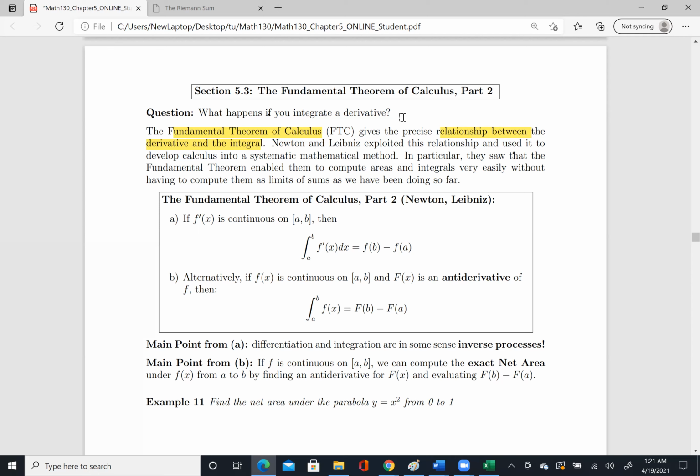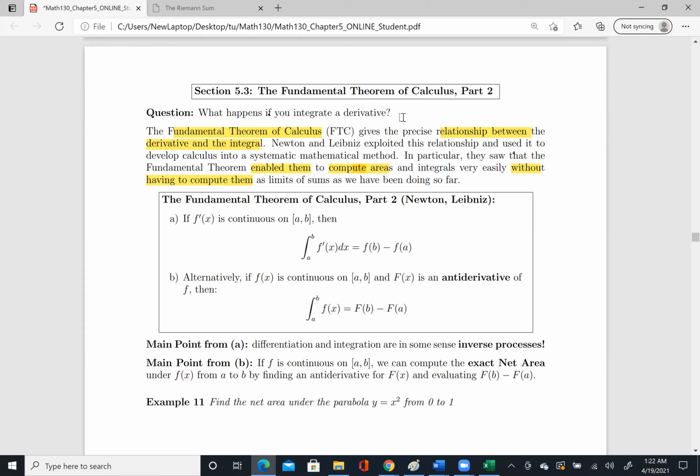In particular, they saw that the fundamental theorem enabled them to compute area and integral very easily without having to compute them as a limit of sums, as we have been doing so far, right? So from now, we use this fundamental theorem. We don't have to use the limit of sums anymore.